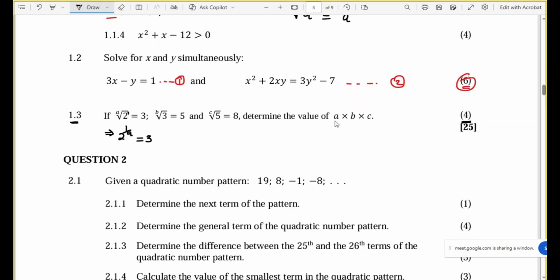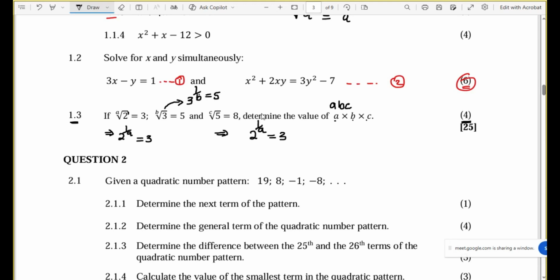They want us to find A times B times C. So this is A, B, C. The first step, I have 2 to the power 1 over A equals 3. And we know that this will be 3 to the power 1 over B, which is 5.